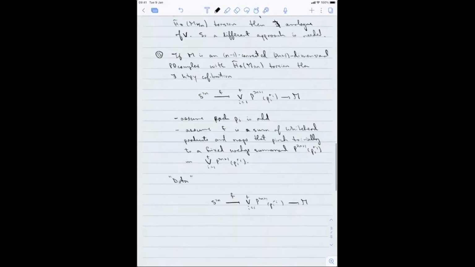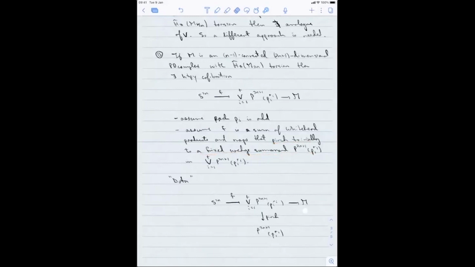We set things up so that if we pinch to this fixed wedge summand, then F was the sum of Whitehead products. So each of them would compose trivially down to this fixed wedge summand. We've said that it might be some sum of other terms, but included in the hypothesis is that they all pinch trivially to this thing.